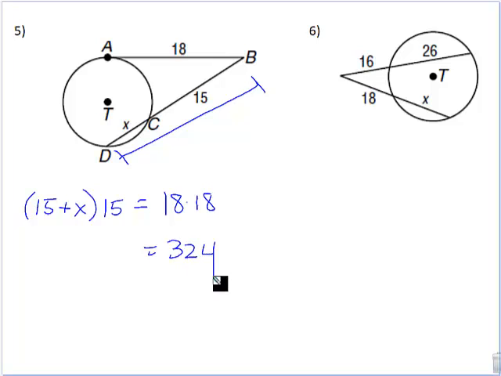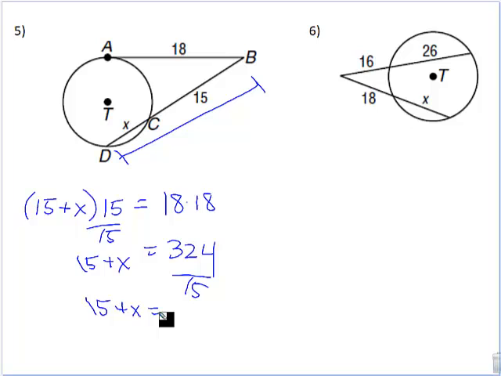There are two ways that you could solve this. One way is you could certainly distribute the 15. What's another way that might make it a little bit easier? Could we just divide by 15? Yeah. So let's just divide by 15 here. Then we have 15 plus x is equal to 324 divided by 15.